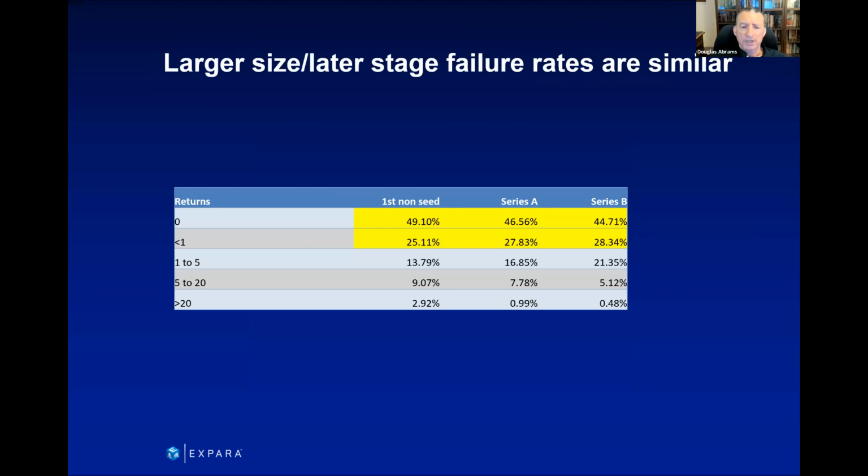And this is showing that even over the next several rounds, we still see a lot of failures. So there is a very high percentage of companies, even through Series B investment, that are failing to deliver any returns.